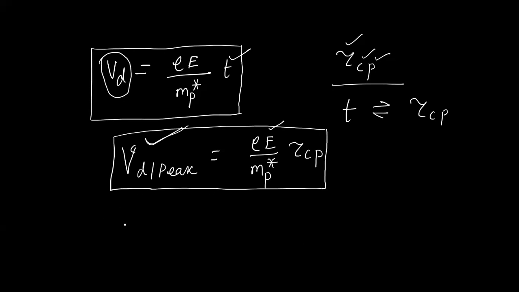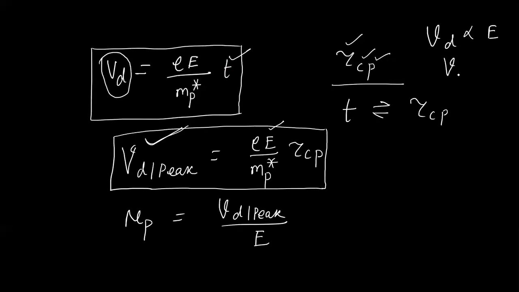Now, what is the maximum value of mobility? We can write it as vd, whatever peak maximum velocity we got, divided by E, because we know that the drift velocity is directly proportional to the applied electric field, and the drift velocity is equal to mu E, and there we define mu as the mobility, the proportionality factor.